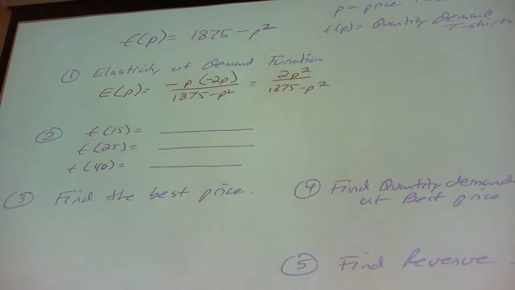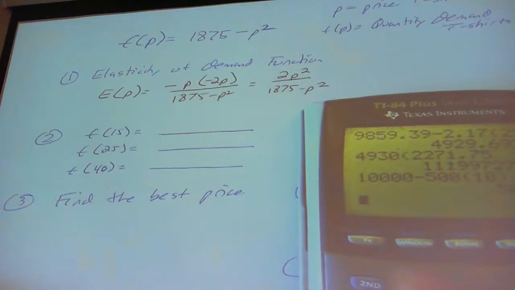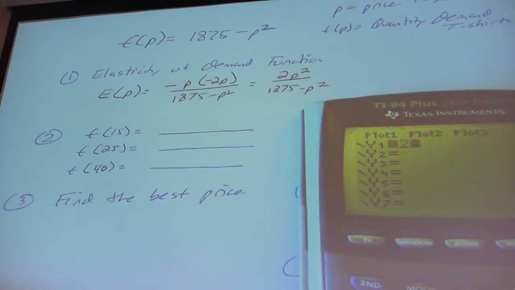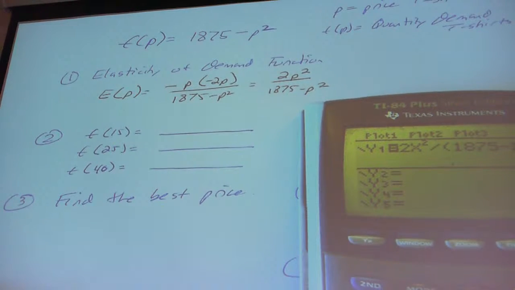All right, so if we have the elasticity function, now it's just being careful. I go to my calculator, I go to y equals, I put 2x squared divided by parentheses 1875 minus x squared, close parentheses.